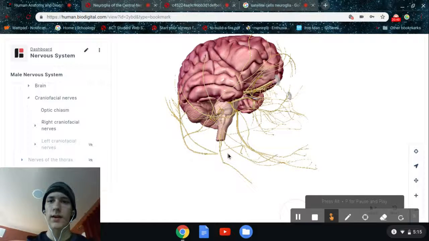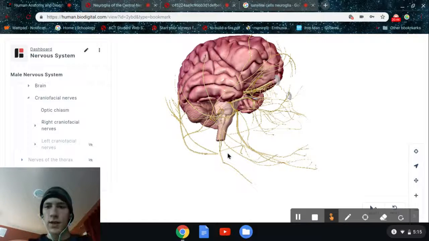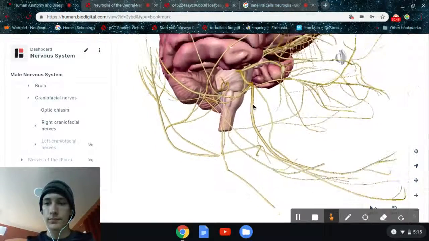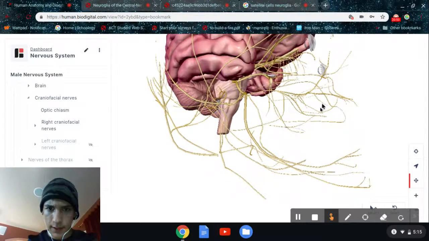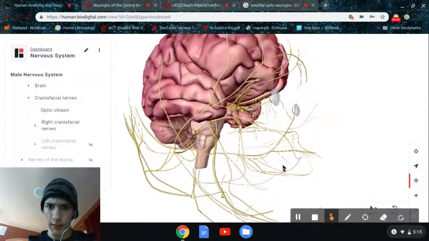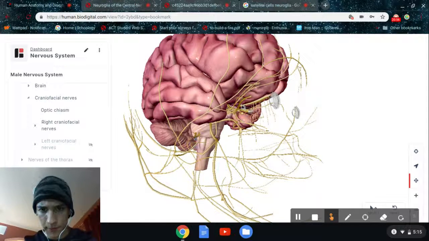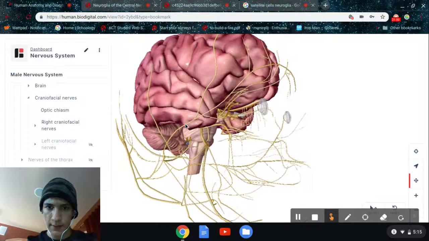All right, so we need to know some of the craniofacial nerves. Turning on the pan so that I can just go side to side. See this one that goes right up against the brain, right here? And then it has all of these droopy things down.